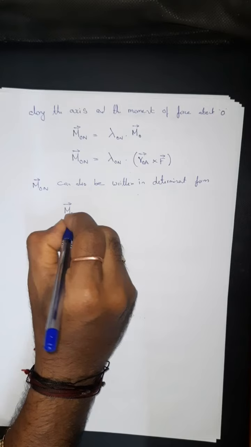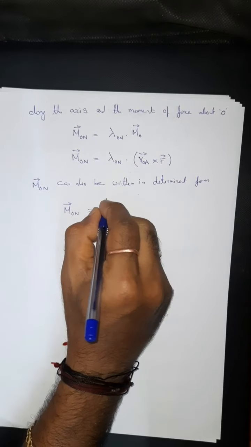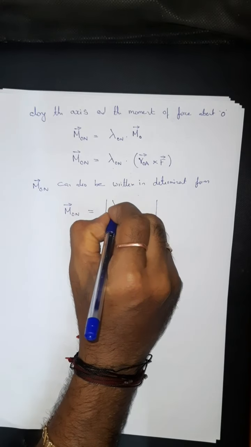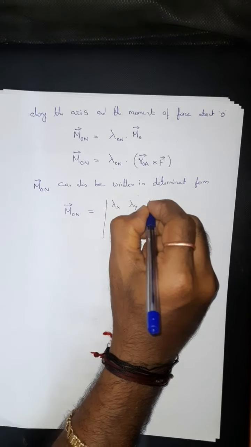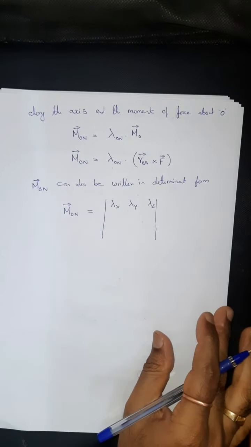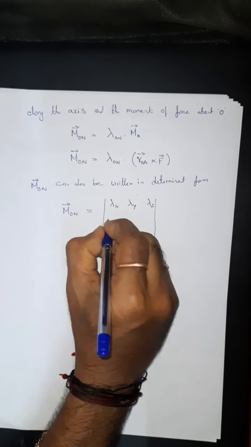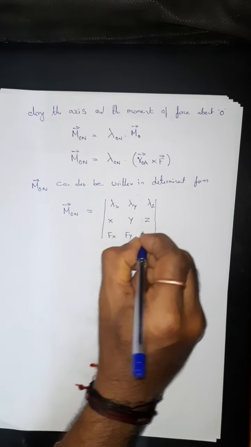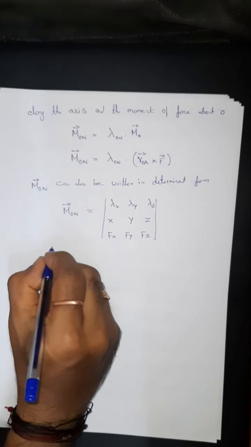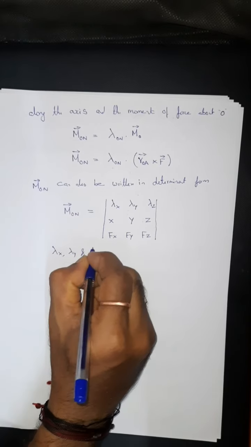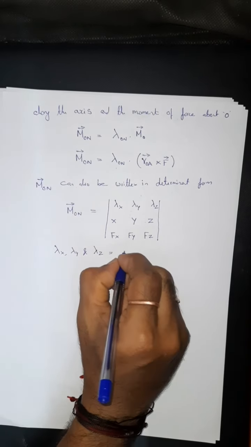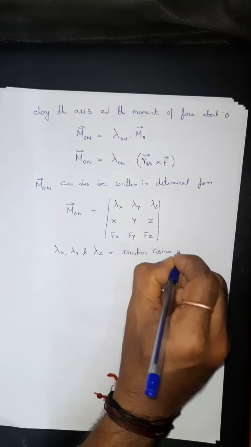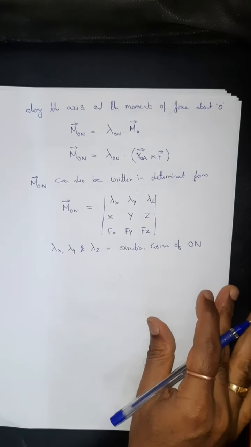So the moment about ON equal to the determinant: first row lambda x, lambda y, and lambda z, then the position vector x, y, and z, and the force Fx, Fy, and Fz. Whereas lambda x, lambda y, and lambda z are the direction cosines of which axis? ON axis, isn't it?